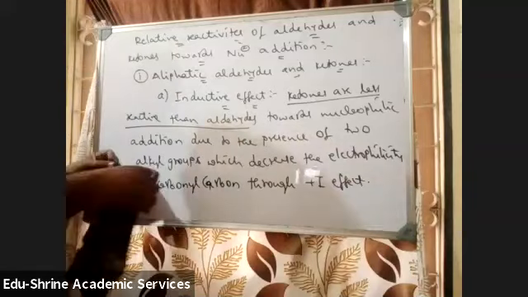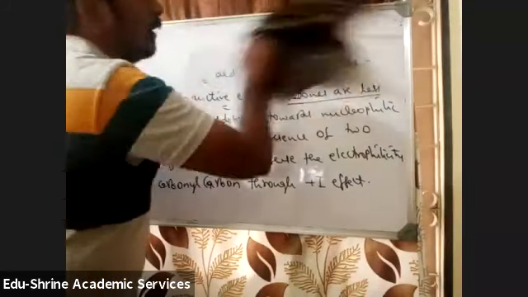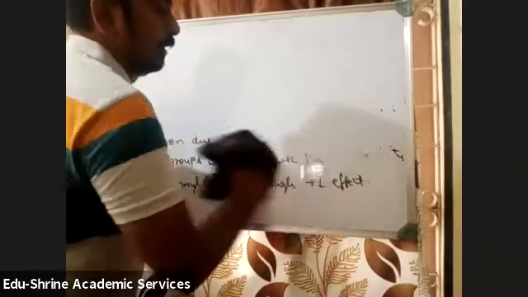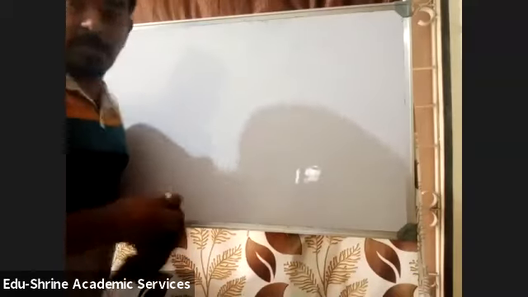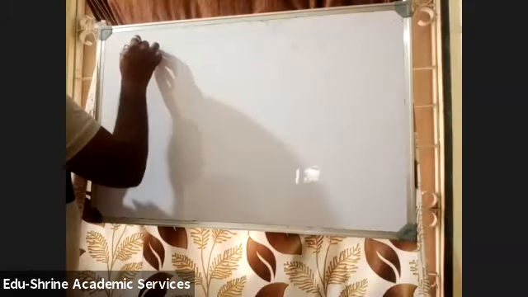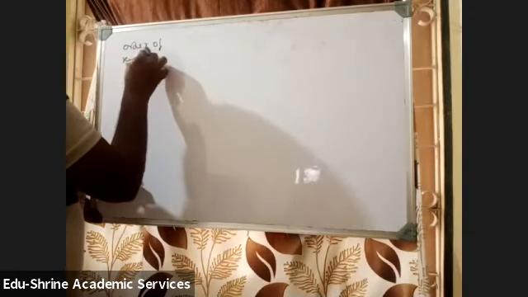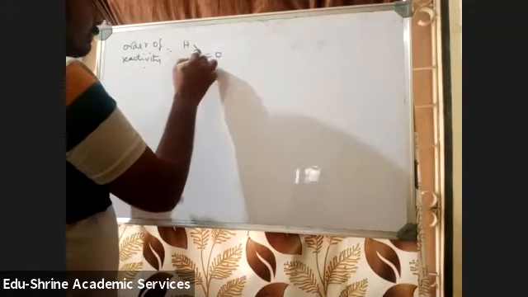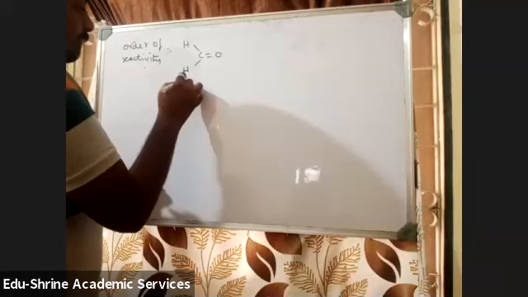Now suppose I give you 3 compounds and ask you to identify the order of reactivity towards nucleophilic addition. For example, this is formaldehyde.